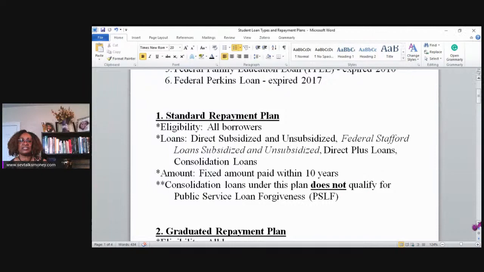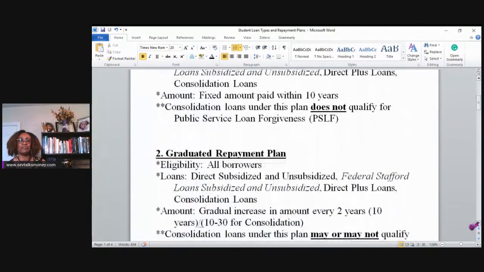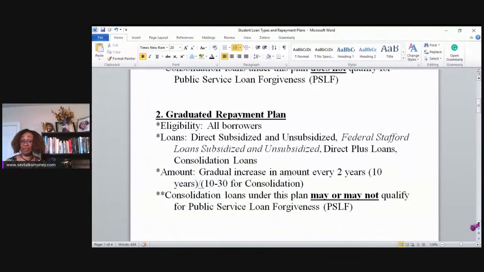All right, so the next payment plan is the graduated payment plan. And as the name suggests, you're going to start with a small amount and you're going to gradually increase your payment, and everything will be paid within 10 years. So even if you start small and gradually increase to a higher amount, you will still be required to pay everything within 10 years.